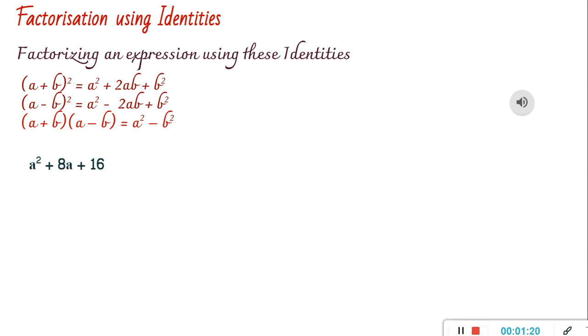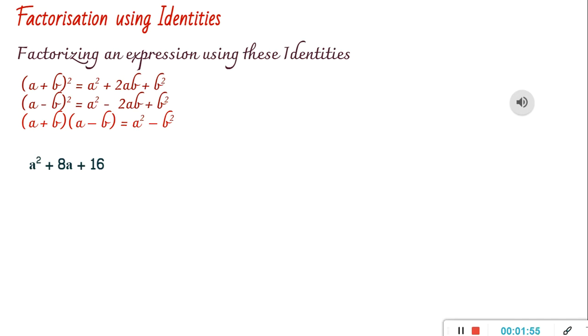If you try to factorize it, it is very difficult because a square is a quadratic form, that is a to the power 2, the second term is linear, that is a to the power 1, and the third term has no variable. So it is very difficult to factorize this the way we were doing in type 1 and 2, isn't it?